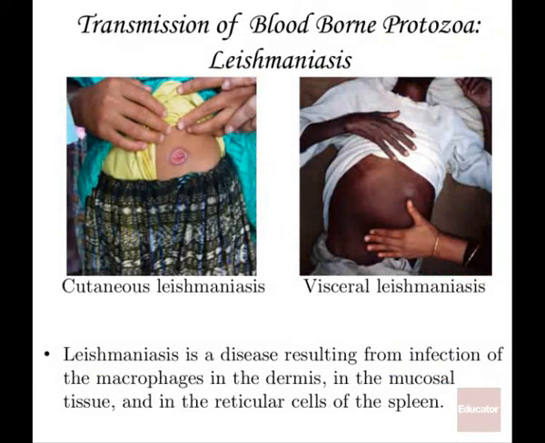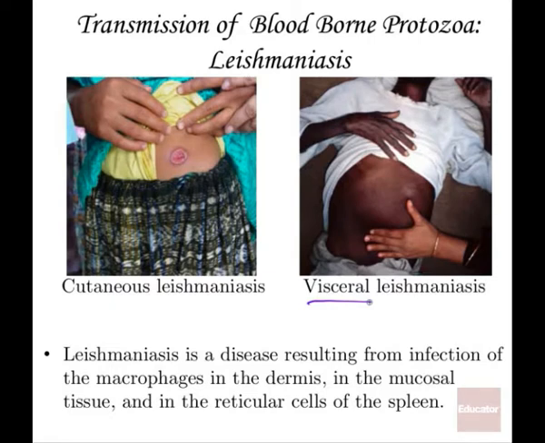So here's an example. Here are the sources of where leishmaniasis protozoa colonize and multiply and live. So the cutaneous type resides in the dermis of the skin, and you can see it forms a very characteristic wound on the skin. And this visceral leishmaniasis is where the protozoa, in this case, actually resides in the spleen.